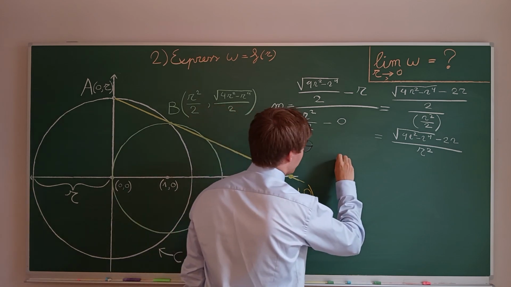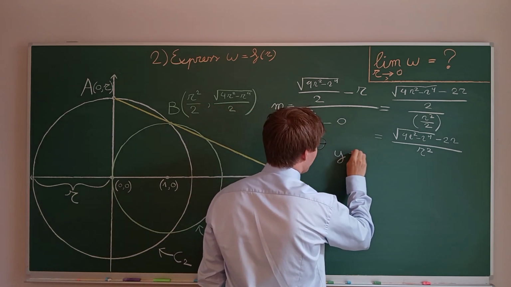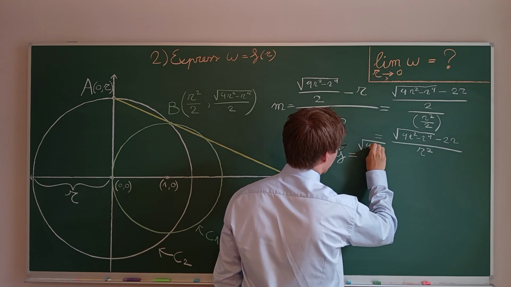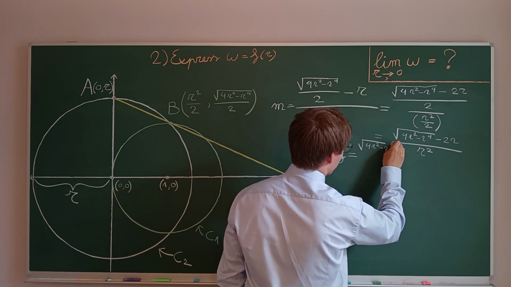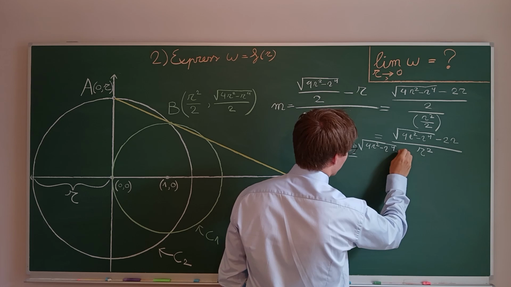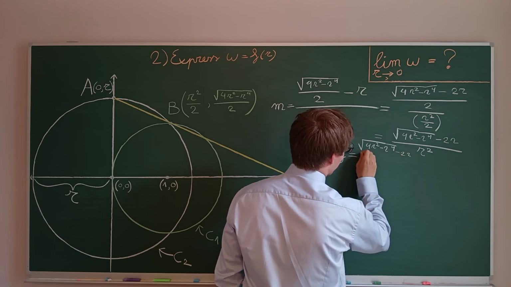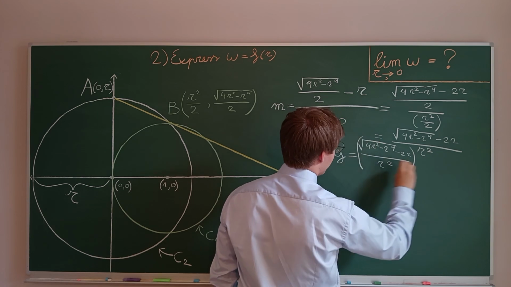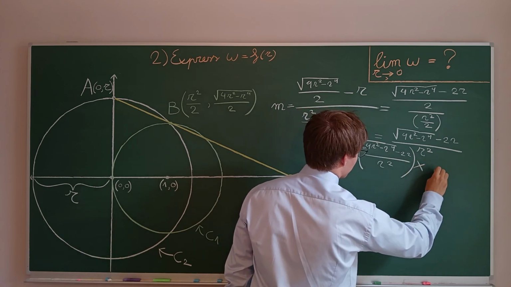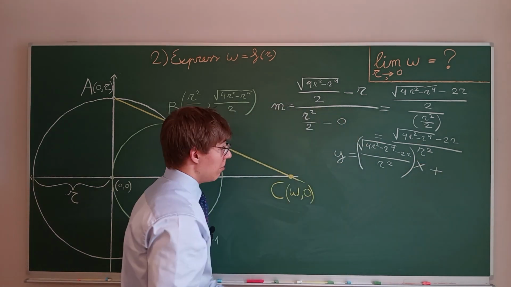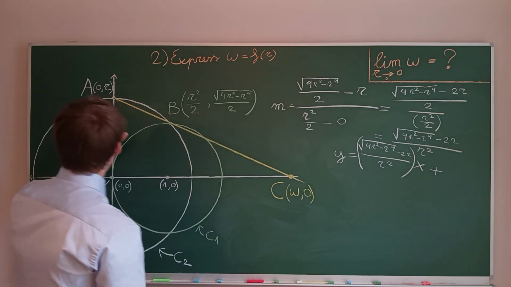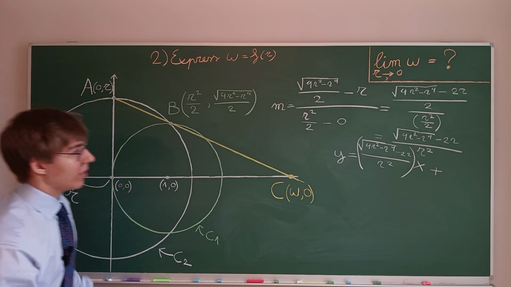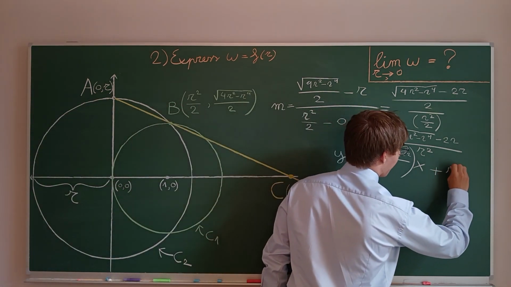So now the equation becomes y equals this slope over r squared times x plus some value. But if we plug in 0 for x, this point A has to lie on this line, so we get that this value has to be r.